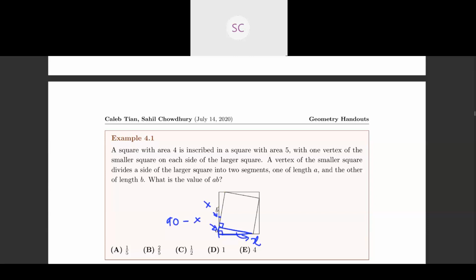So this means that this triangle and this triangle have two angles that are equal. So you have a similarity, but you also know that they share the hypotenuse, because a square has all equal sides, right? So the hypotenuse must be equal, and then therefore you can use ASA, and these two triangles are in fact the same. So what that tells us is, let me just clean this up a bit.